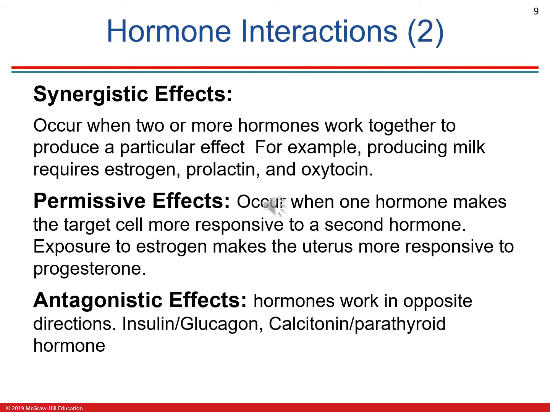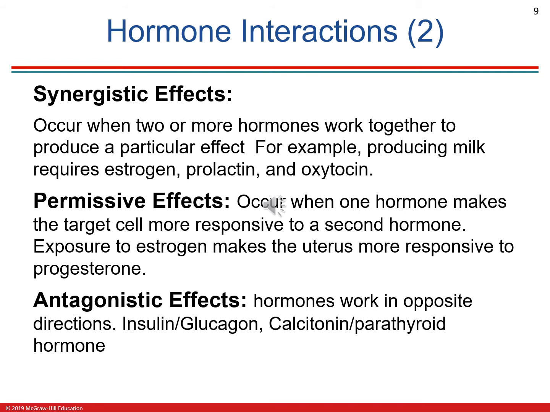A synergistic effect occurs when two or more hormones work together to produce a particular effect, and one enhances the other. For example, prolactin is necessary to produce milk after birth. But prolactin has a synergistic effect with estrogen and oxytocin as well.